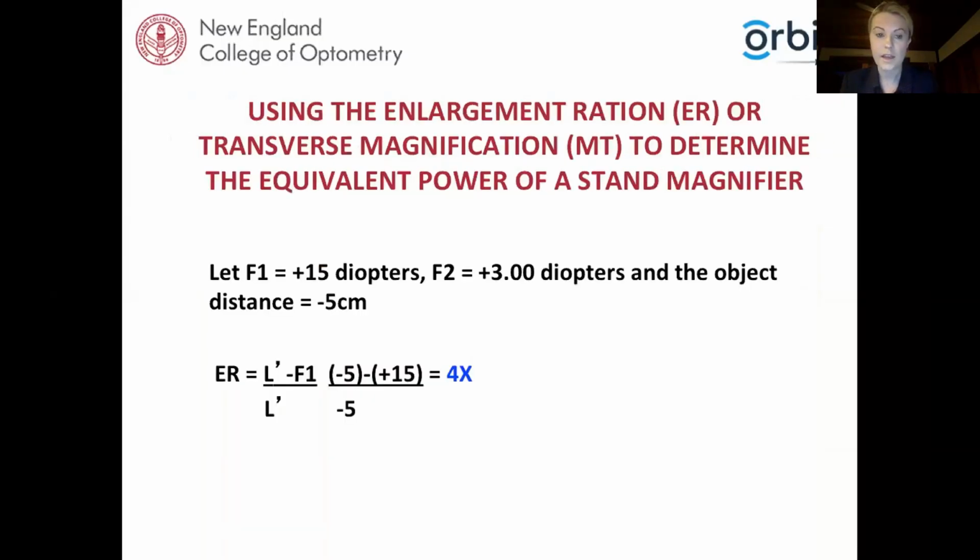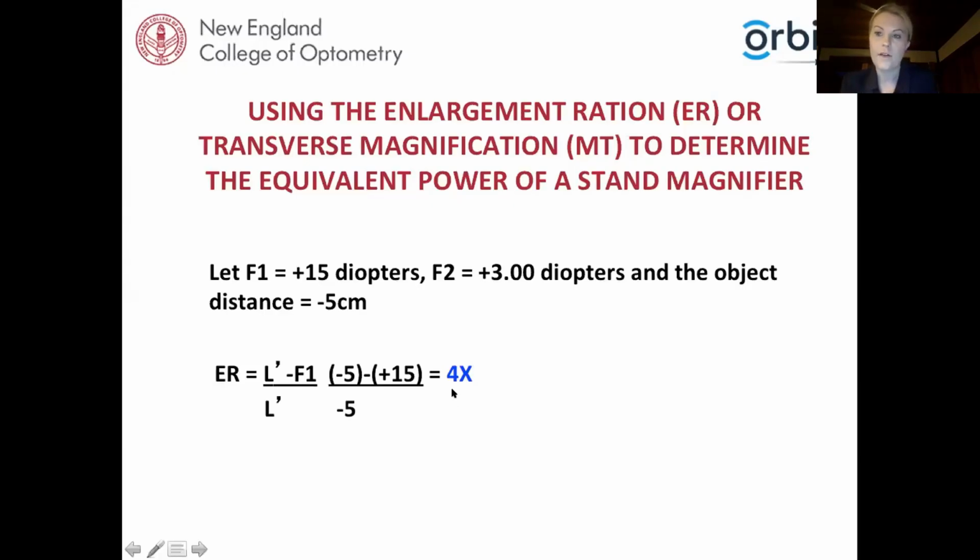So in this case, if we know the lens power of our stand magnifier is 15 diopters, and we know our image and object distance of 5 centimeters, we can then figure out what the enlargement ratio is.